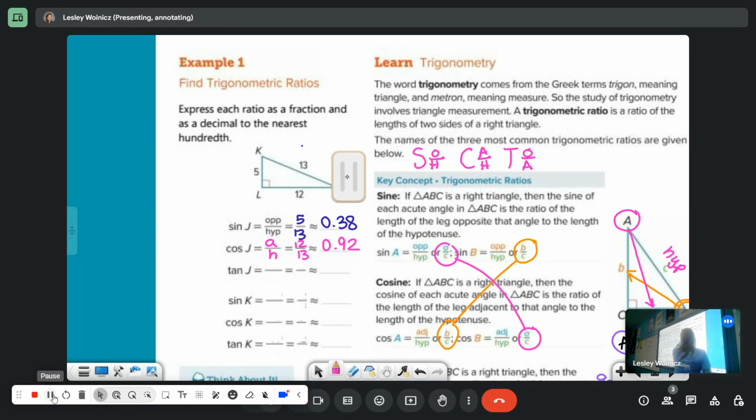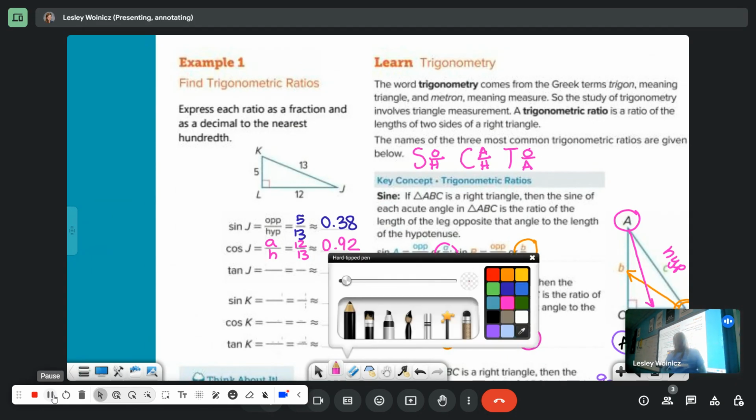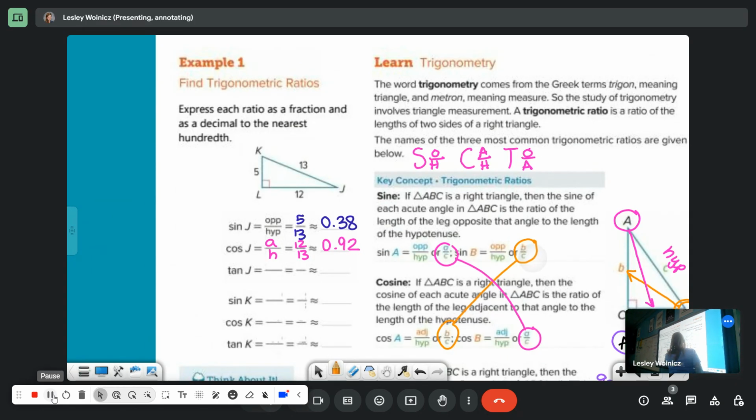Now that I've mucked up my picture quite a bit. Tangent of J, tangent is opposite over adjacent. So the opposite side for J is the 5, and the adjacent is the 12. So that's 5 over 12. I'm getting 0.42.